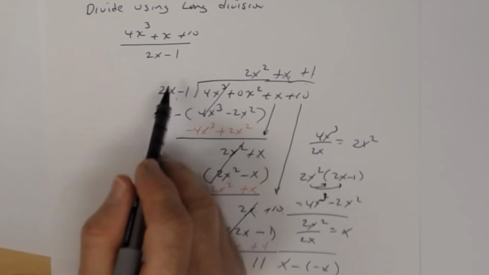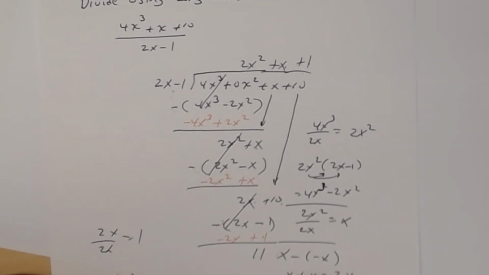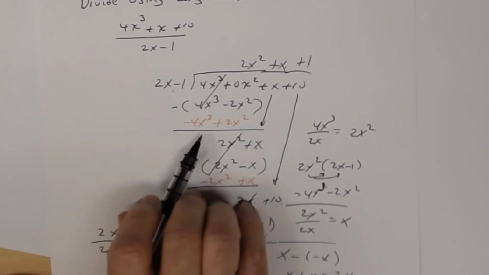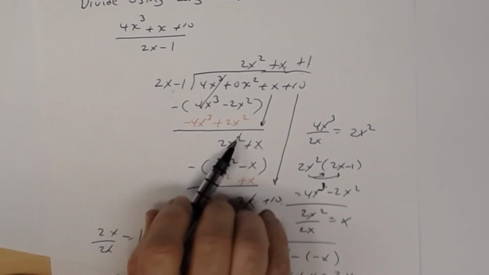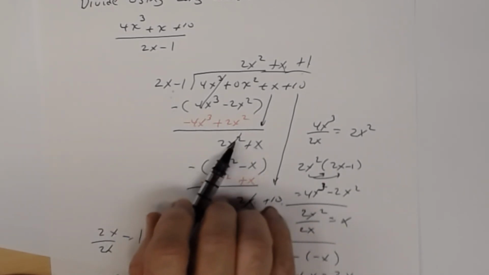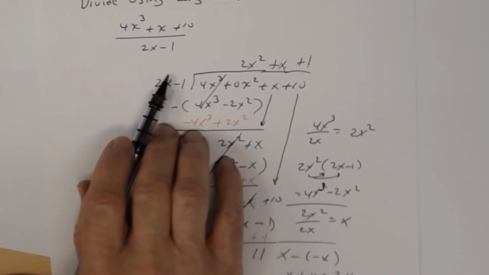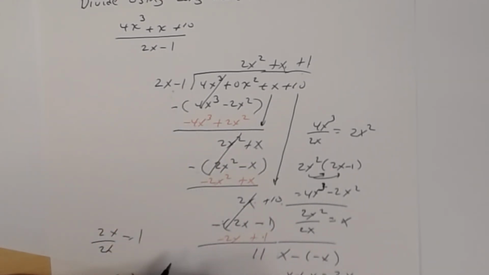So 0 is less than 1, so you're done. Okay? So notice here, see right here, the degree of this polynomial is 2. 2 is greater than the degree here, so I keep on doing the division.